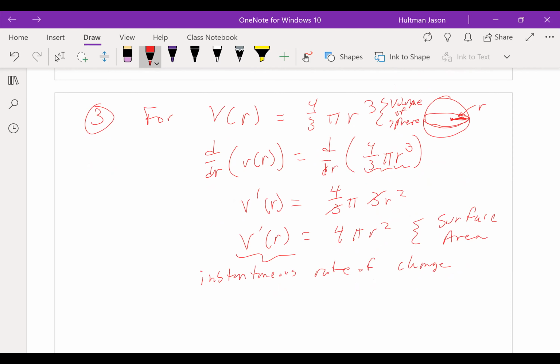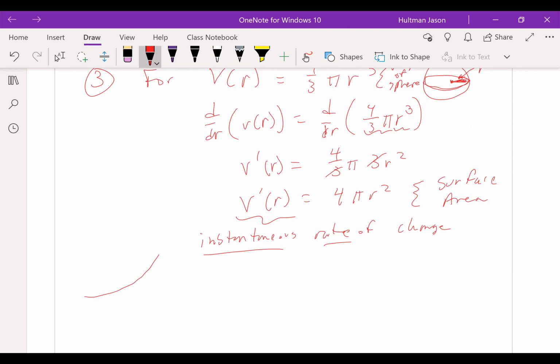I don't know if we've talked about instantaneous rate of change yet, but remember the average rate of change was this guy, right? So let's say that I'm driving a car.